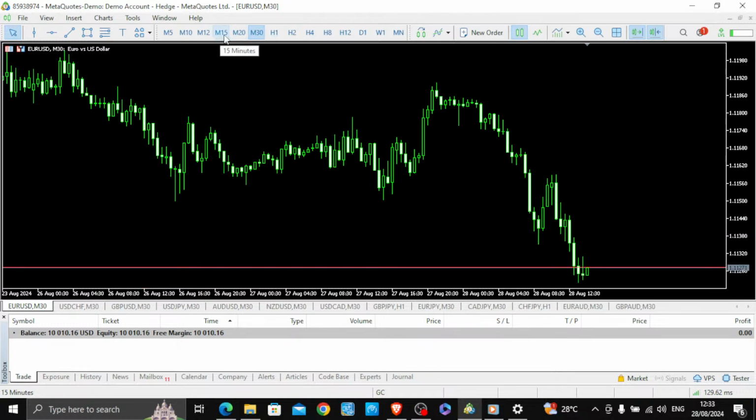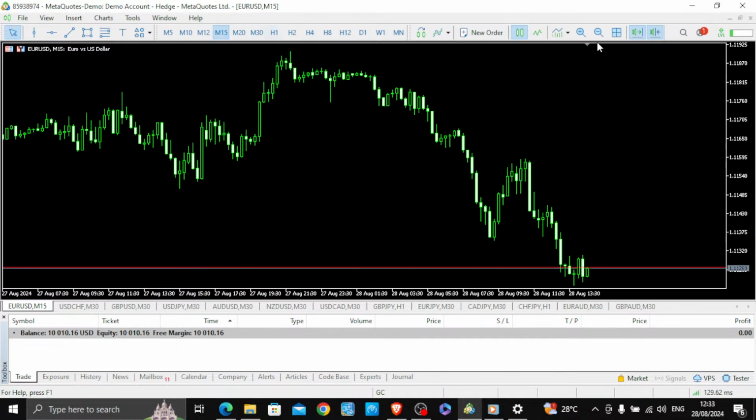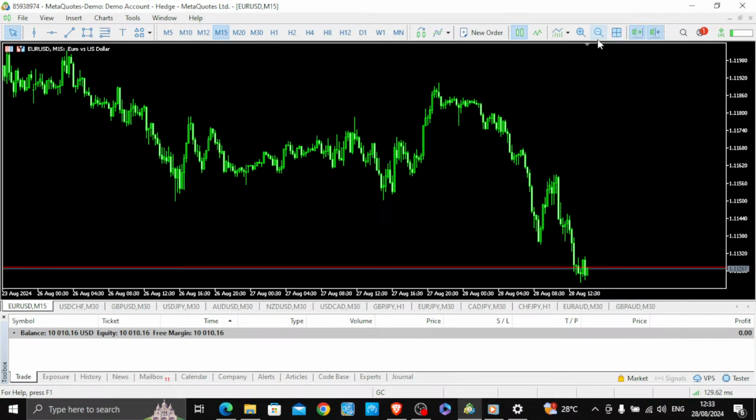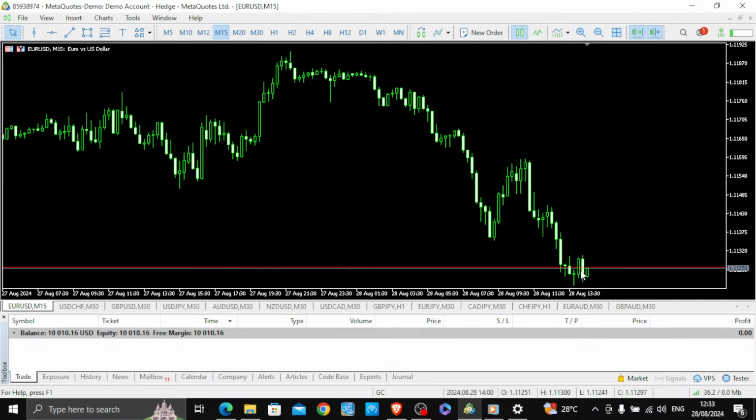Then we pick our 15 minutes and check exactly if you can have any reaction here. And there is a kind of reaction here. I'm seeing this reaction on 15 minutes. So this will now call for a volume spread analysis indicator.